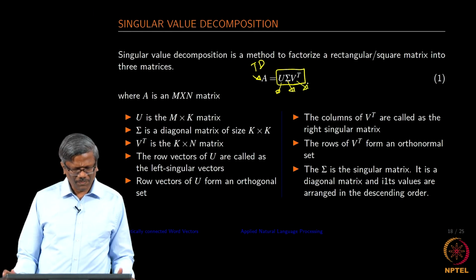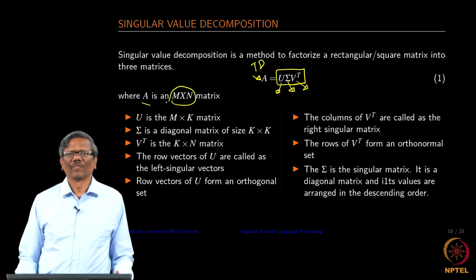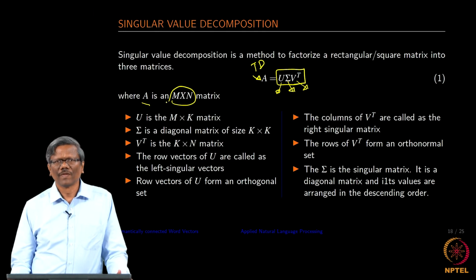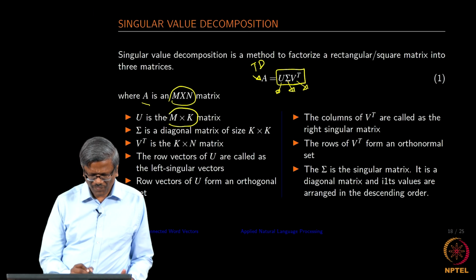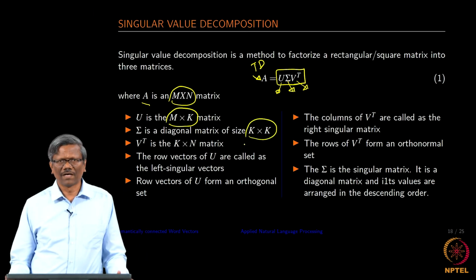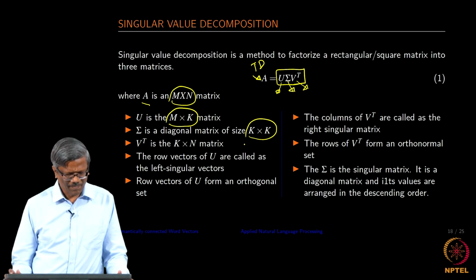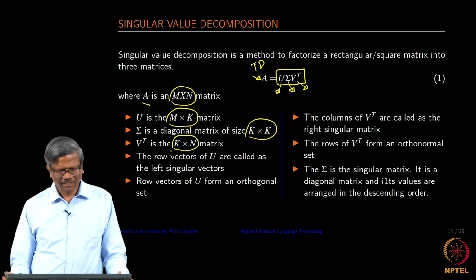Let us assume that A is a matrix of size m by n. When you transform, U becomes m by k, a diagonal matrix sigma is of size k by k, and V transpose is of size k by n.